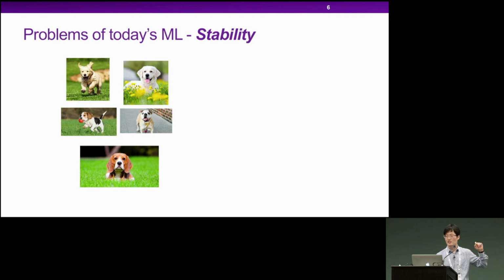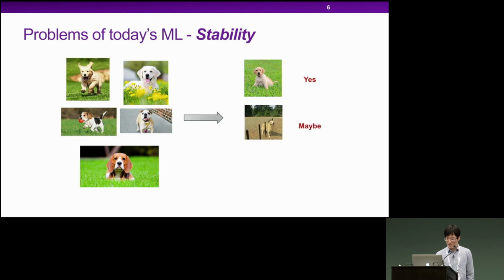Some of them are not, but just a minority, just on the ground. If you train a model with this kind of training distribution, of course we can train a model. Then we use the trained model to predict some unseen data. If you give this kind of testing sample, no problem. The model can absolutely recognize this is a dog.